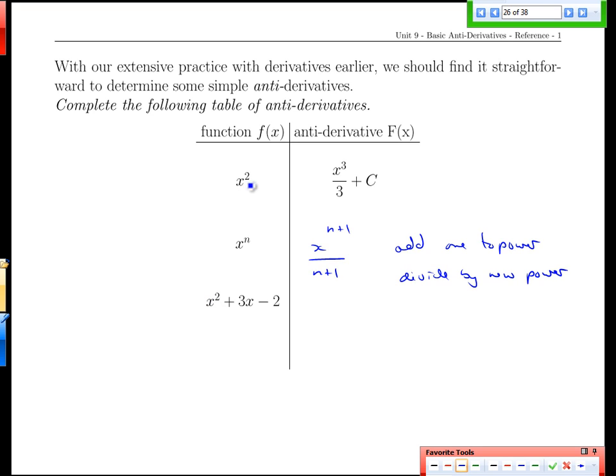Okay, if we have a sum of terms, not a product but a sum, we can antidifferentiate each one individually, and we just said that this would be x cubed over 3. 3x to the 1 would give us, doesn't matter if we have a multiplier out front, we'll keep it around, we'll get x to the 1 higher power divided by the new power. Minus 2, that's like x to the 0, we'll get x to the 1 over 1.